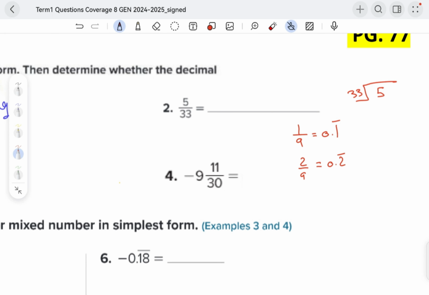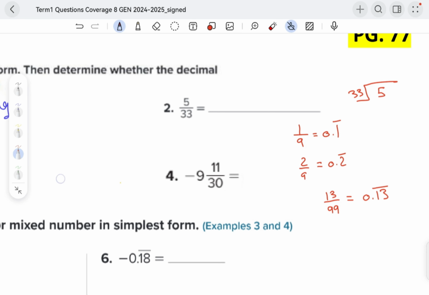2 out of 9 will give us 0.2 repeating. Also, if we have 99 in the denominator, like for example 13 out of 99, and we want to convert it to a decimal, we're going to have 0.13 repeating, 13 repeating. If we have 99, we're going to have 2 repeating digits. So I will use that to convert this fraction to a repeating decimal. I will multiply the denominator and the numerator by 3.